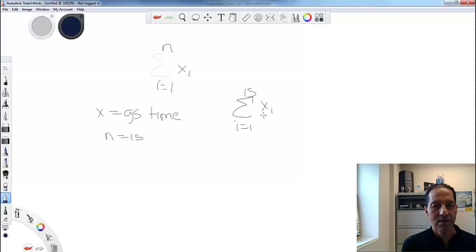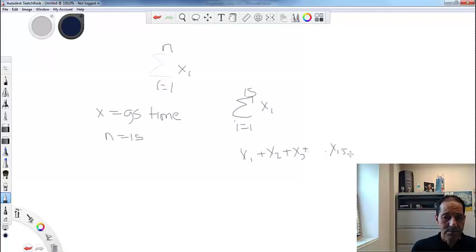It'll vary by individual, so that's why we have the i here. So what this sigma means is we're going to add up x sub 1 plus x sub 2 plus x sub 3, plus and so on to x sub 15. It'll give us the sum of those 15 values. So that's what that means.